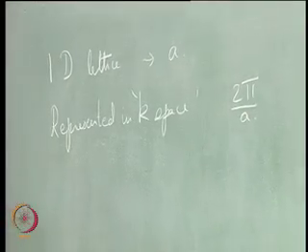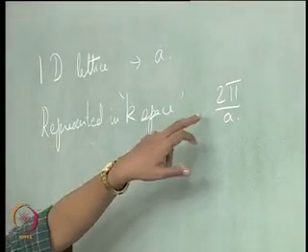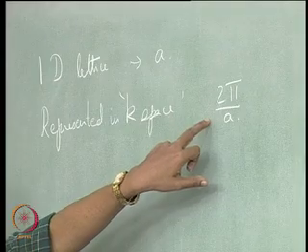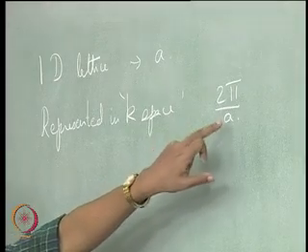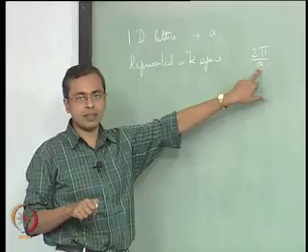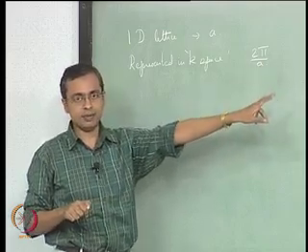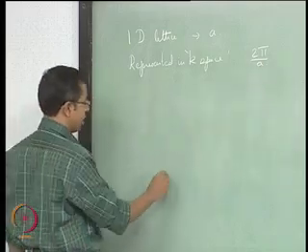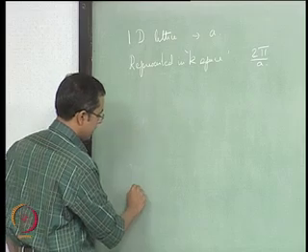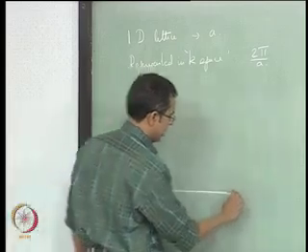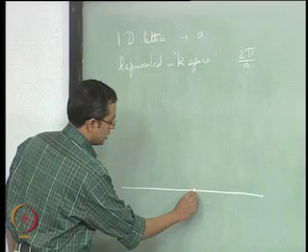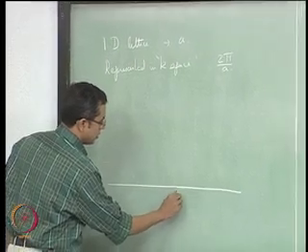Therefore, once you identify an origin for this K space, reciprocal lattice vectors occur at intervals of 2 pi by a, okay. So we will plot that up here. We will just say that this is your scale axis, this is the origin, okay.